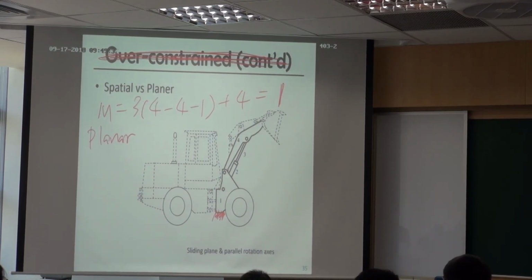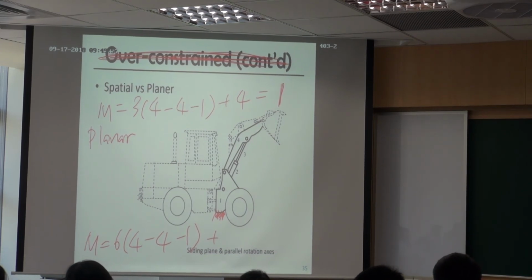But what if we consider this as a spatial mechanism? For a spatial mechanism, we'll have 6, but it's still a 4-bar mechanism, so n equals 4, minus 4 joints and minus 1. But we need to add the connectivity back.